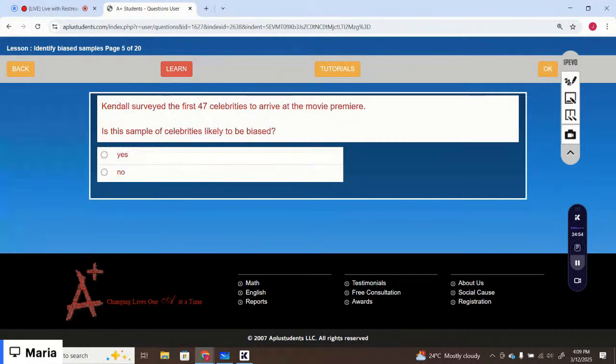Kendall surveyed the first 47 celebrities to arrive at the movie premiere.